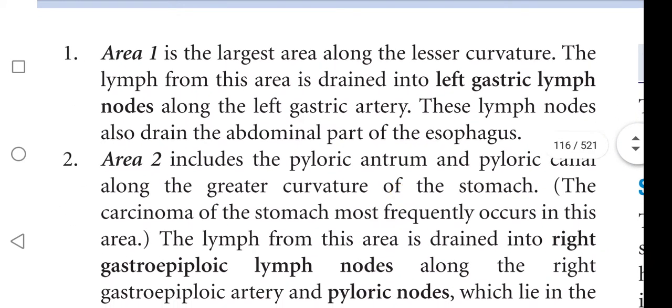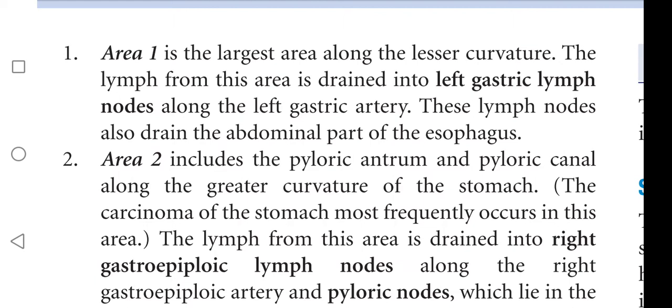Area 1. Area 1 is the largest area along the lesser curvature.